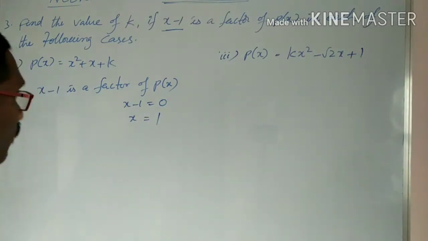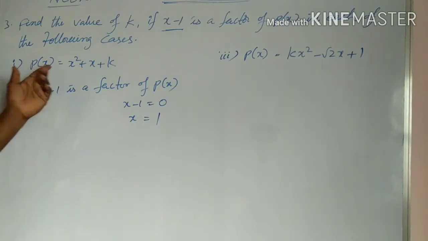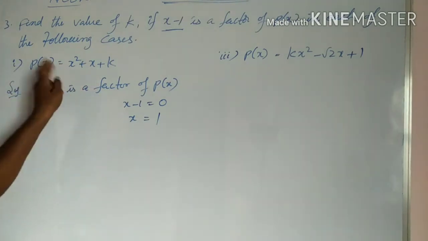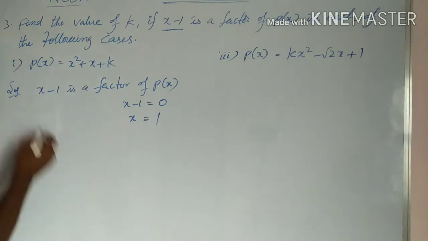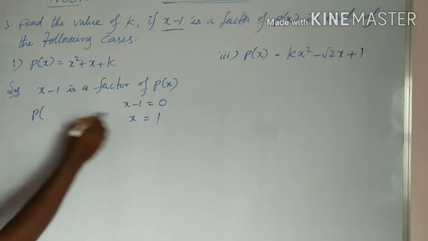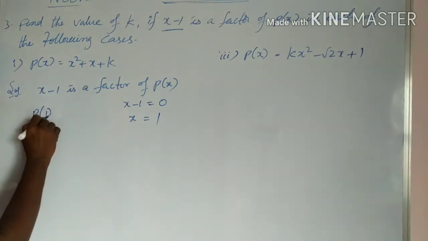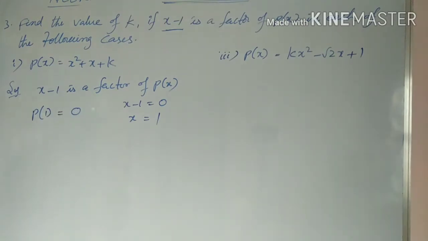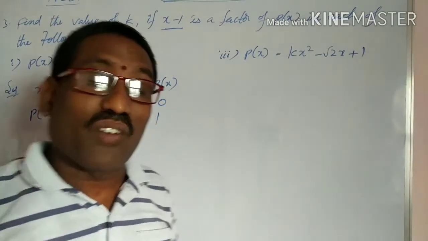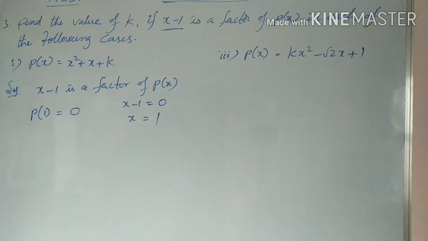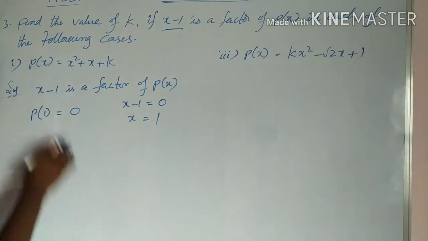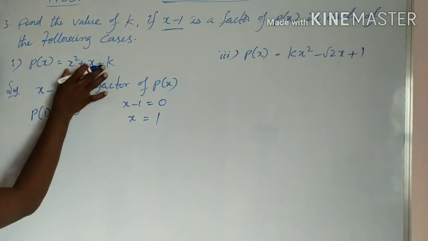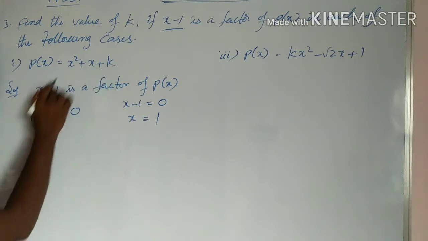So what happened here? x minus 1 is a factor of this polynomial means what is the remainder? P of, here what is the x value? 1. P of 1 is equal to 0. Now this value p of 1 is equal to 0, substitute here.